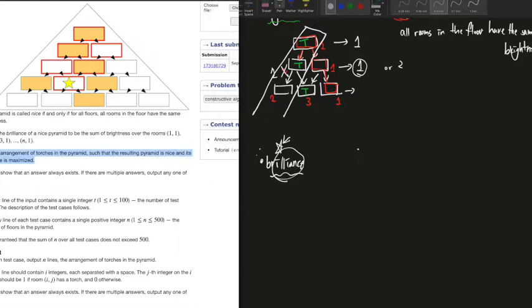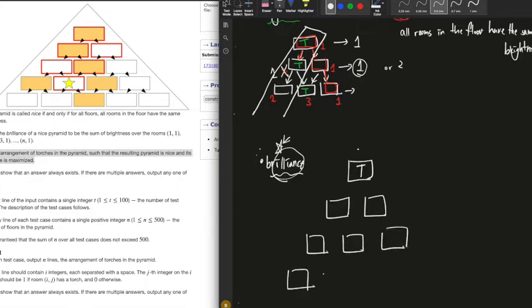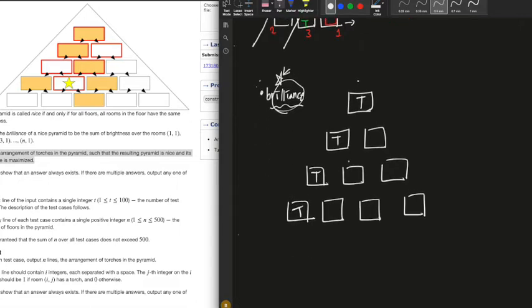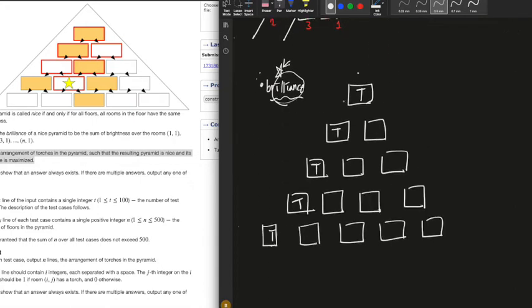So the picture of that will be T, T, T, T, T. This way I can make maximized brilliance, right? And then we'll think about nice.